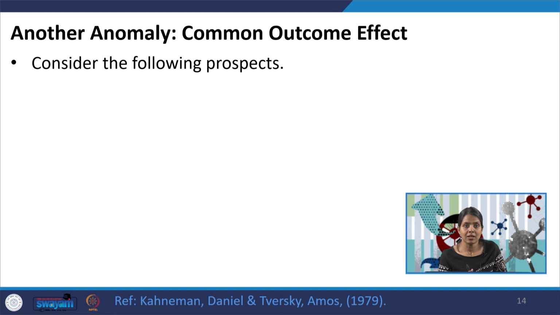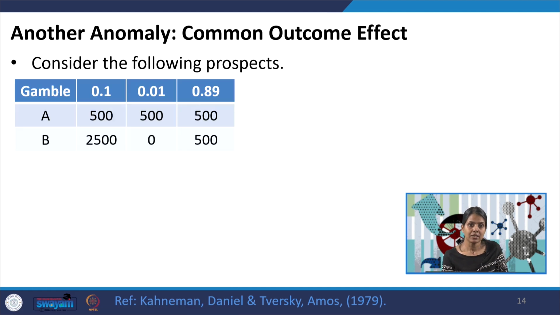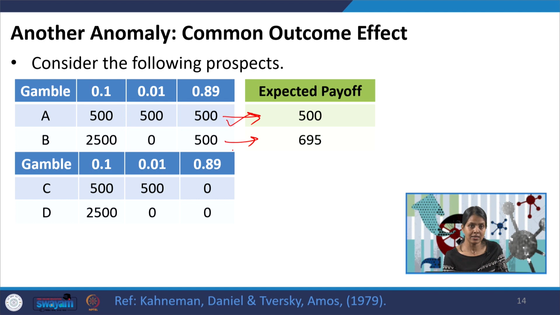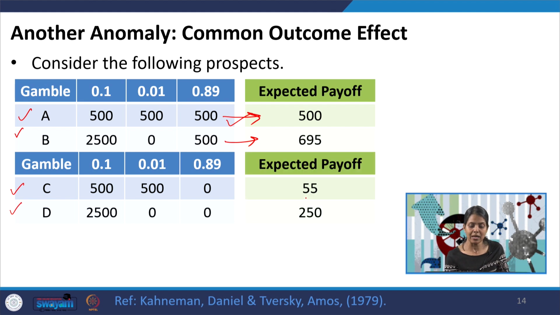Now, another anomaly of this assumption is the common outcome effect. Consider the following prospect. Here this is one gamble and these are the expected payoffs from each one of them, and this is gamble C and D. Another gamble, you have to either choose between A and B or between C and D. So, the gambles and their expected payoffs are mentioned here.